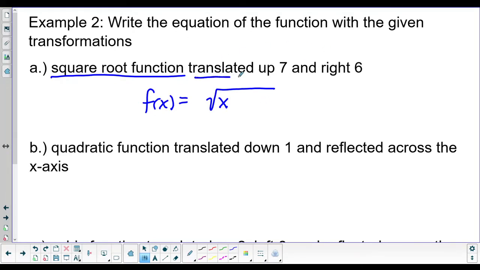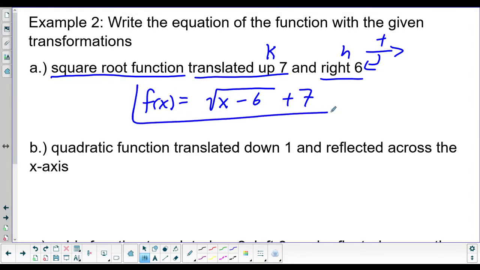All right, translated up 7, up and down is k. So we're going to put a plus 7 on the outside of the function. And right 6. This is an h value. Right is normally positive, so we need to change the sign for h. So we're going to put minus 6 inside. And then this would be our equation.